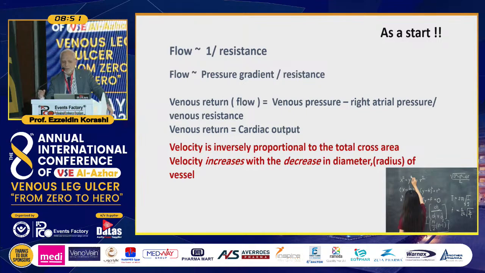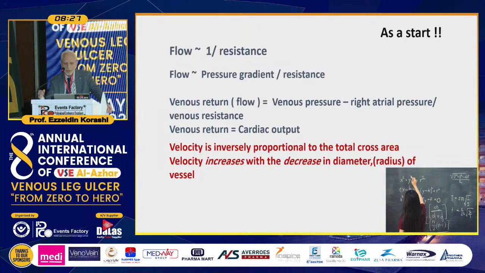As a start, I want you to see this slide. These are the things agreed upon by all the workers: the flow is inversely proportional to the resistance. The more the resistance, the less the flow, of course. And flow is actually the result of the pressure gradient over the resistance.